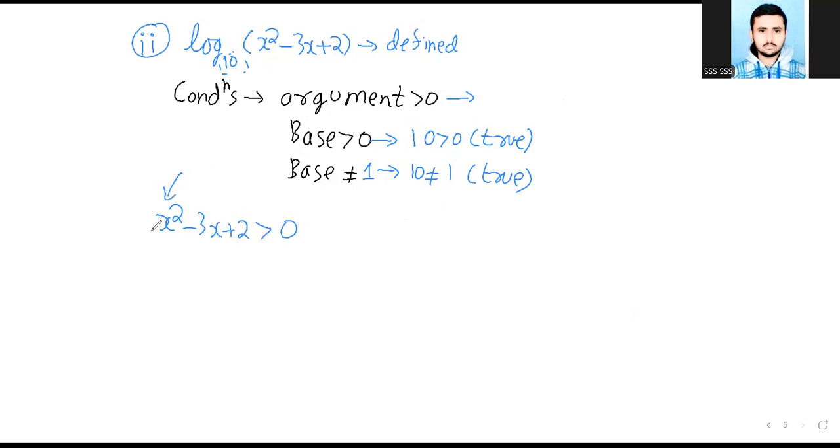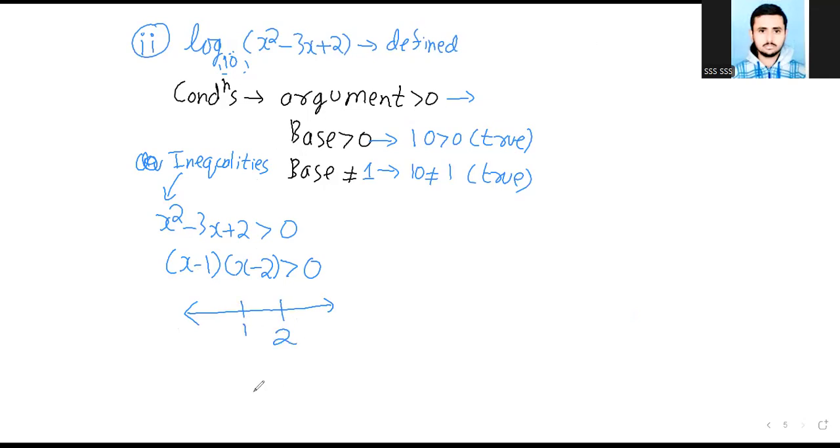Now you have seen how to solve this in the chapter of inequalities. If you are confused, kindly revise that chapter. What we do is we are going to factorize this. Once we factorize this, we get the result (x minus 1) into (x minus 2) is greater than 0. So let's draw the number line. The relevant points are 1 and 2.